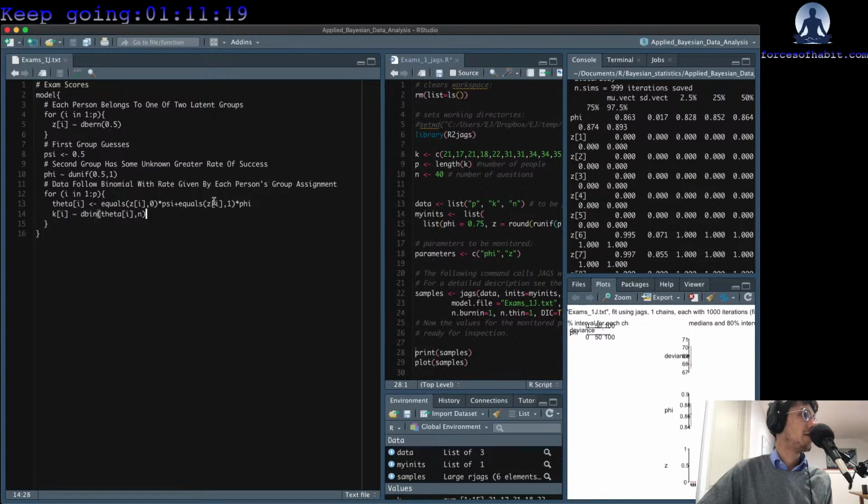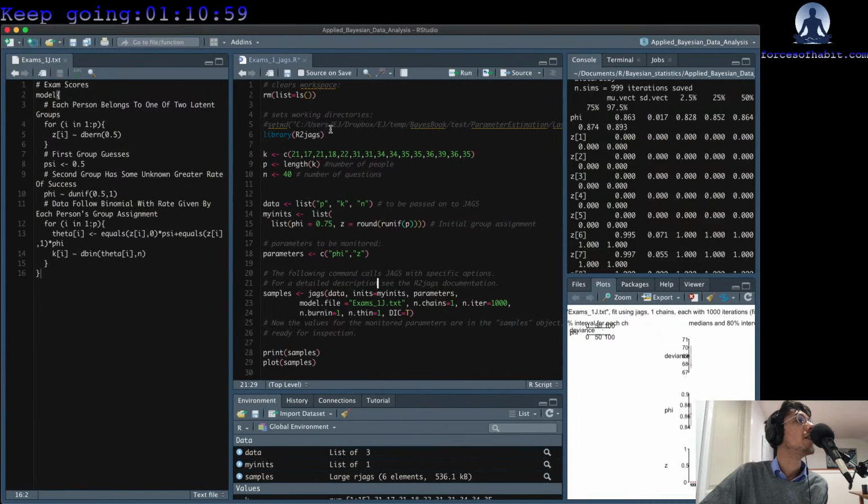However, if Z is equal to 1, so we think it's part of the knowledgeable group, use phi. And so K then is the successes, which is a binomial distribution. Cool.